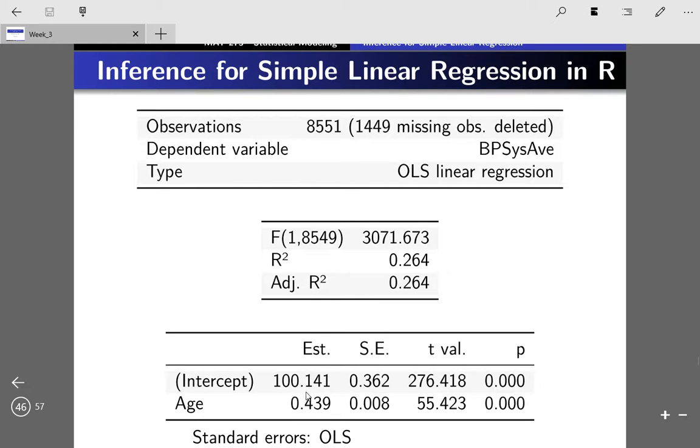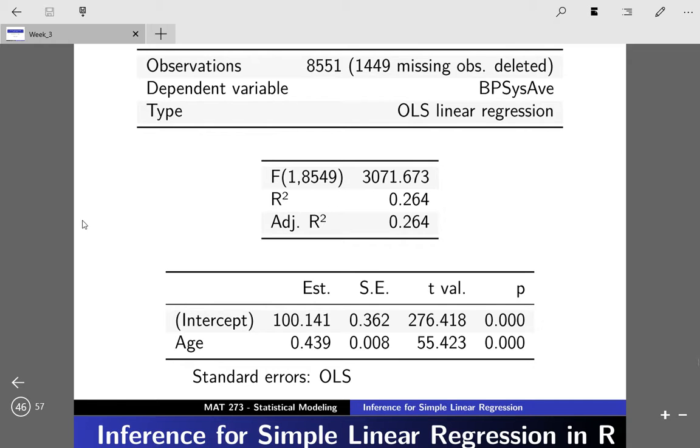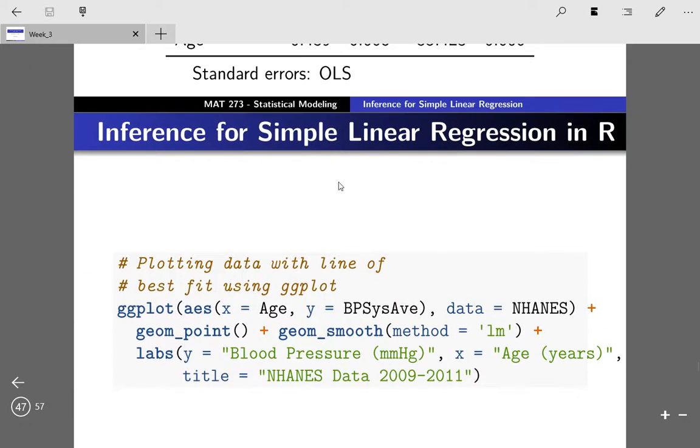We have the regression estimated slope, the y-intercept estimate, their corresponding standard errors, t-test statistics, and p-values. And our R squared, our coefficient of determination, of about 26.4% or 0.264. So lots of information in all this output again.